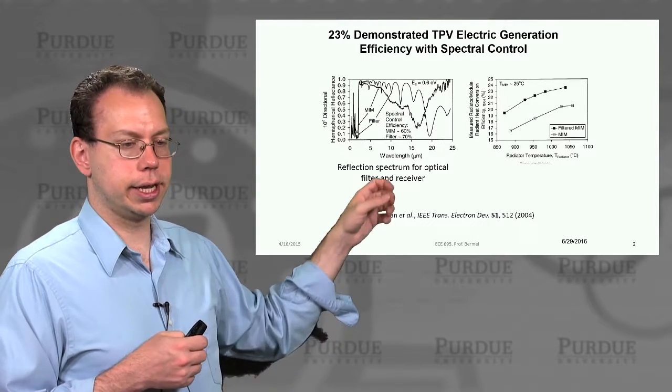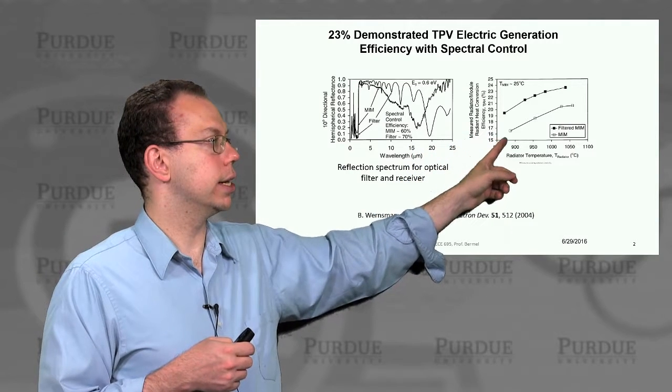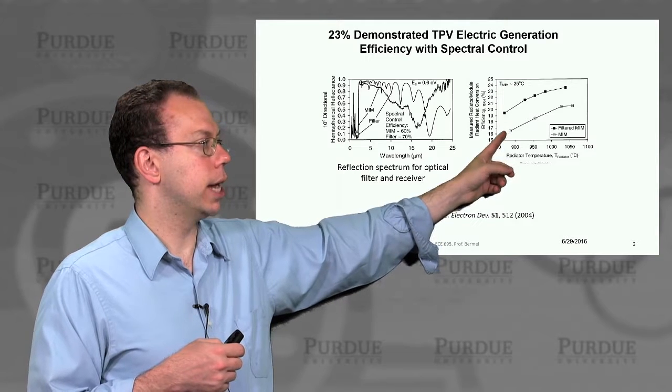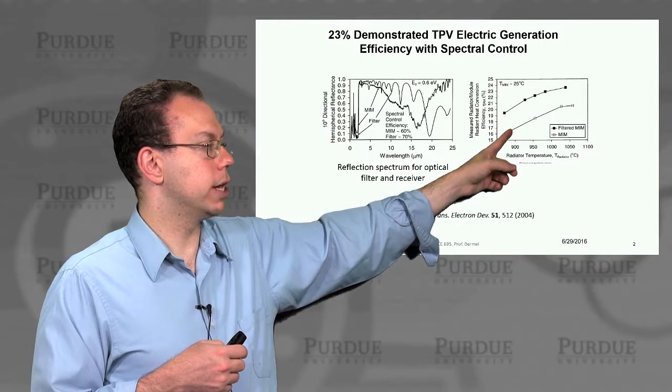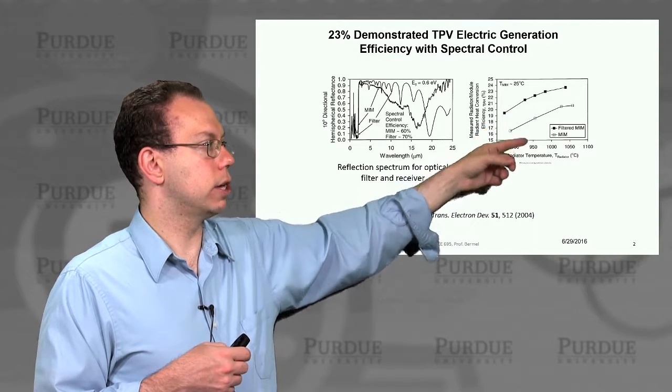And then the net result of that sort of photon recycling is that when you add this filtering, the efficiency actually can go up at a temperature of the emitter of about 870 from about 16% up to about 20%.